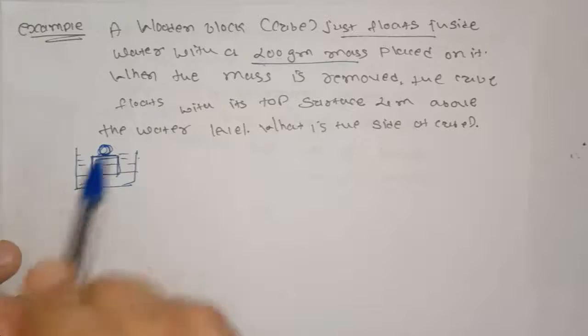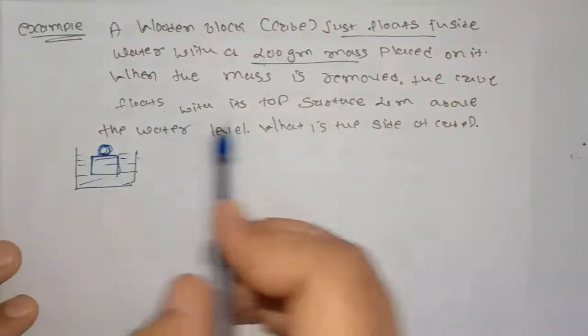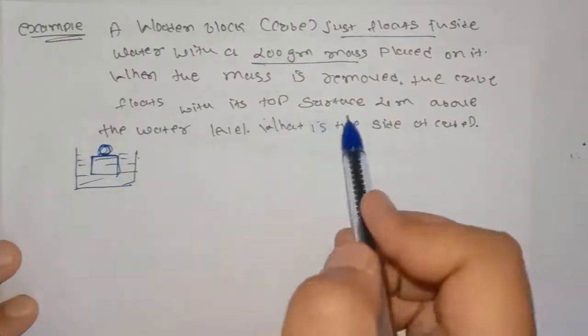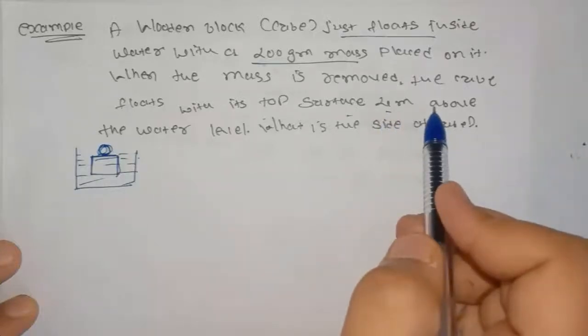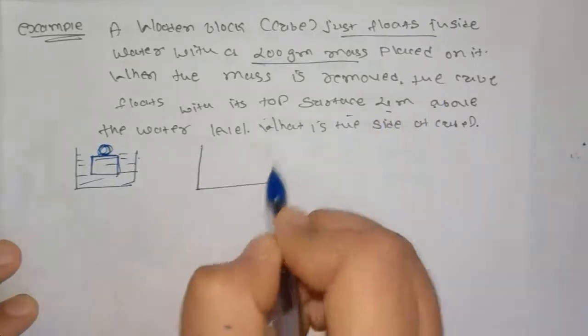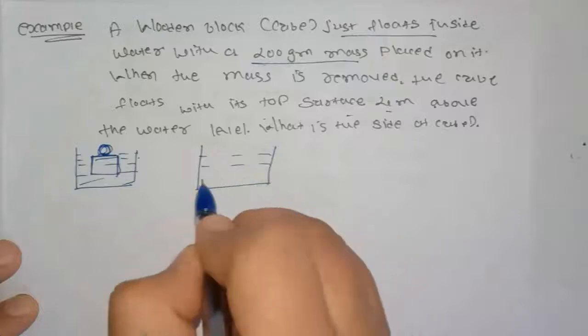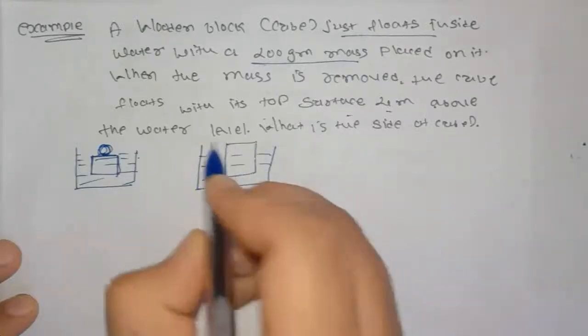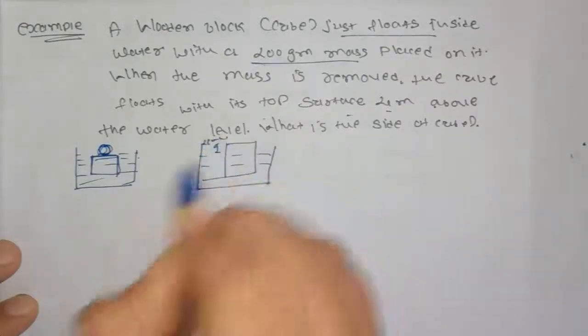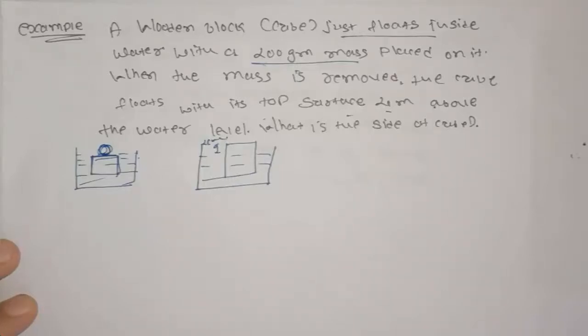Now when the mass is removed, the cube floats with its top surface 2 centimeter above the water level. So without mass it will float like this, and this surface will be 2 centimeter high. What is the side of the cube?